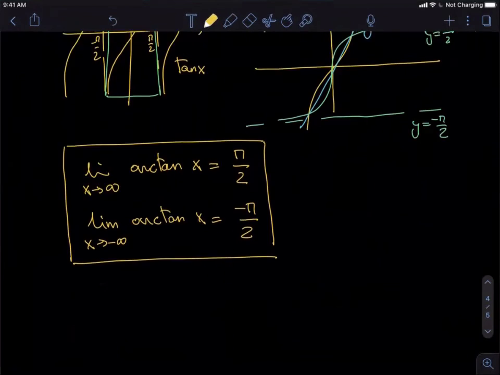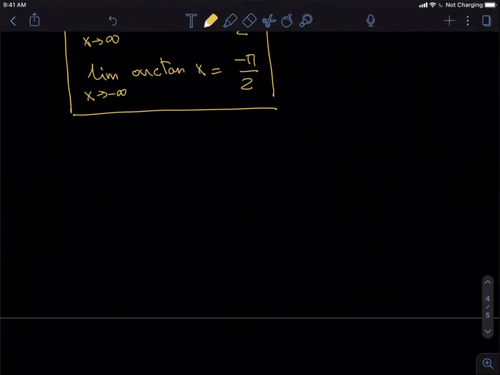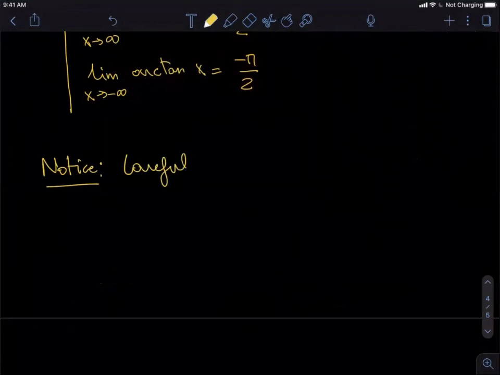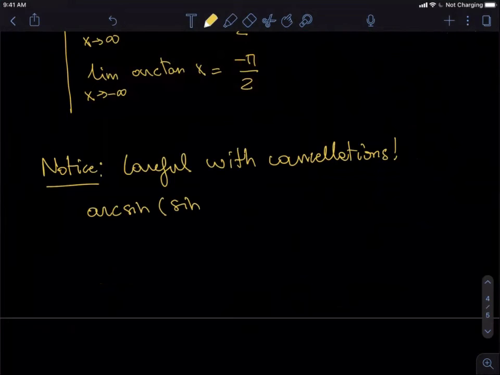Now, one thing we need to be very careful about are the cancellations. Careful with cancellations, because sometimes it may be very tempting. For example, let's say that we have the arcsine of the sine of 2 pi.